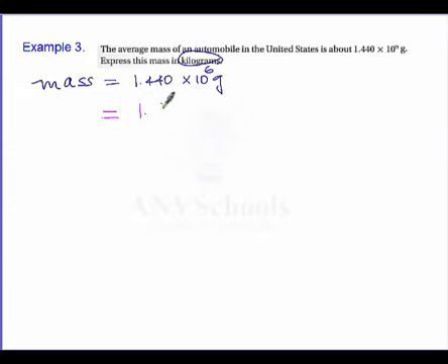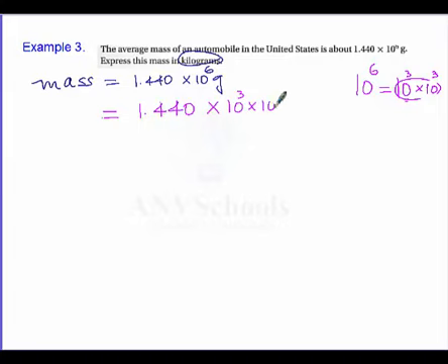I can rewrite this as 1.440 multiplied by 10 to the power of 3 multiplied by 10 to the power of 3. Because these two have the same base, I take 10 and add the exponents: 3 plus 3 gives me 6. So I can write this as 10 to the power of 3 multiplied by 10 to the power of 3 gram.